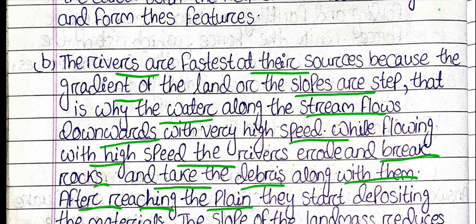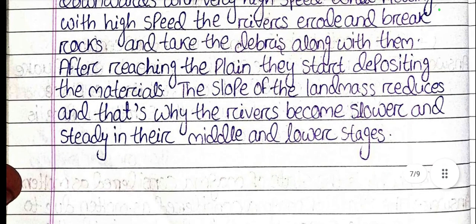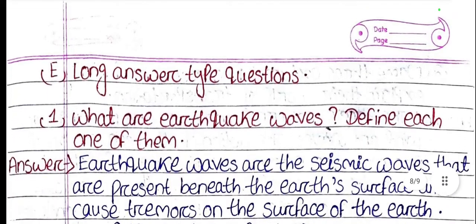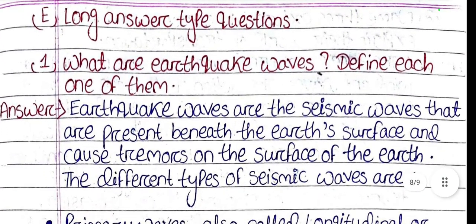After reaching the plain, they start depositing the materials. The slope of the landmass reduces, and that's why the rivers become slower and steady in their middle and lower stages.